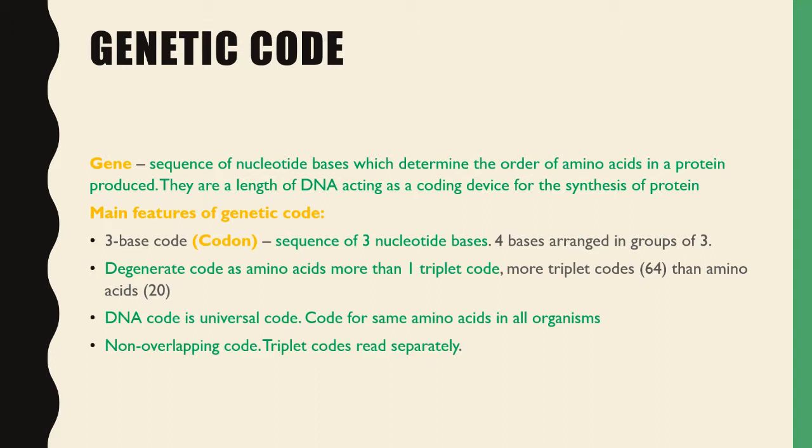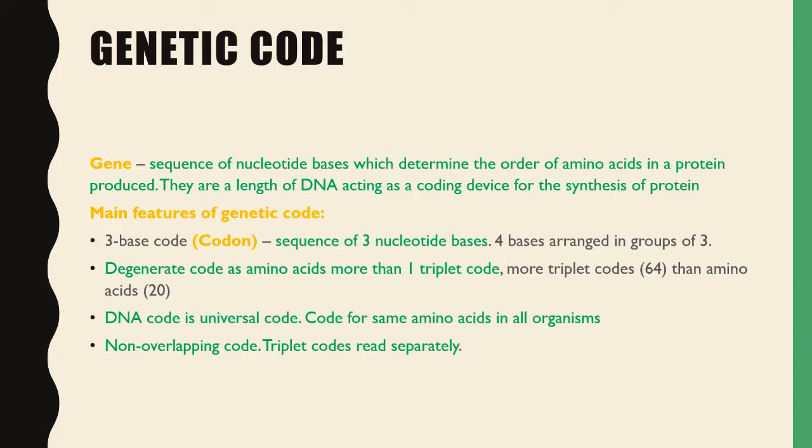You can get ATC, AGA, and so on. You go through all of the possible combinations and you get to 64, but there are only 20 amino acids. So an amino acid can be coded for by multiple triplet codes. Three or four triplet codes could code for one amino acid.